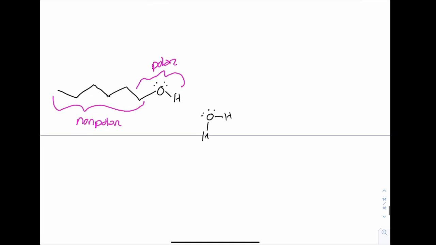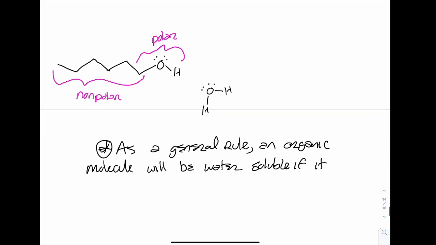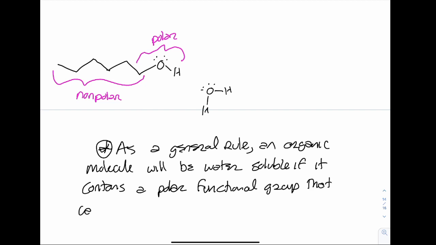So as a general rule, which is what I was going to write by that asterisk before I didn't give myself enough room, as a general rule, an organic molecule will be water soluble if it contains a polar functional group that can hydrogen bond with water for every 5 carbons.